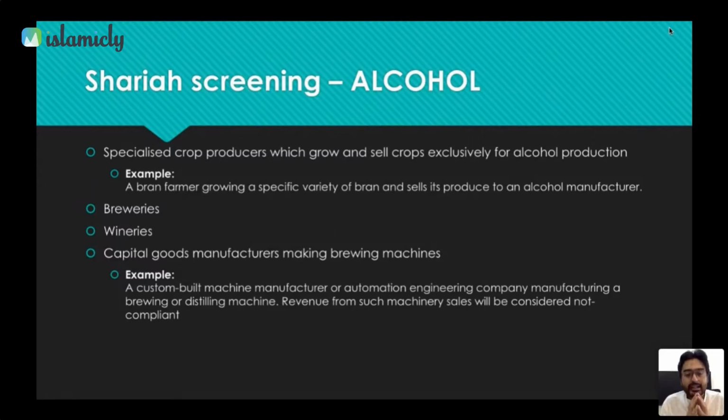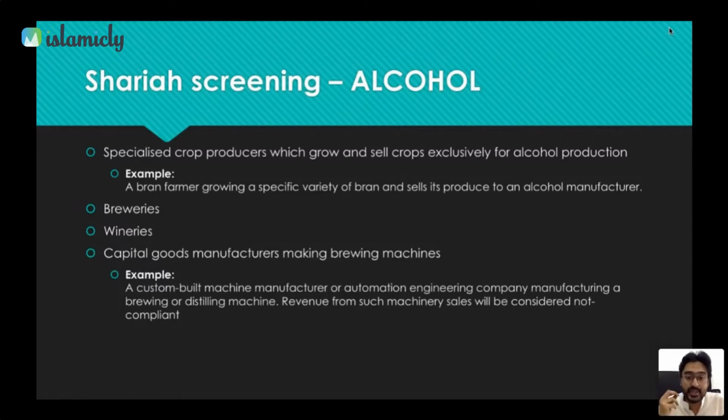There can be activities which are compliant on their own, but in combination, they may become non-compliant. The example over here is a barley farmer growing a specific variety of barley and selling its produce to an alcohol manufacturer. So growing of wheat or growing of fruits or growing of barley is a compliant activity.